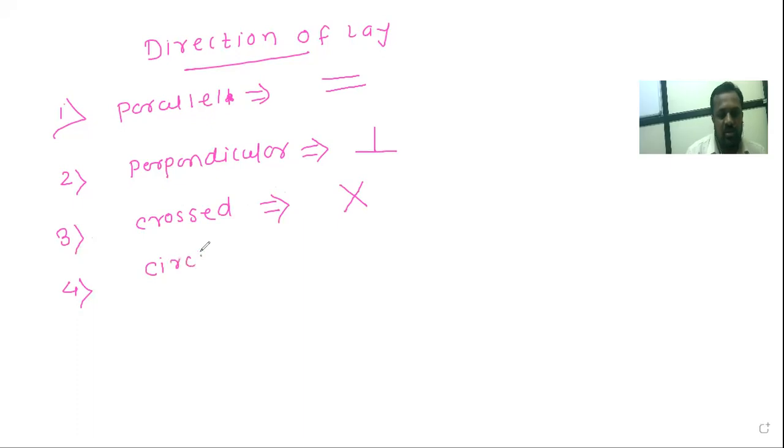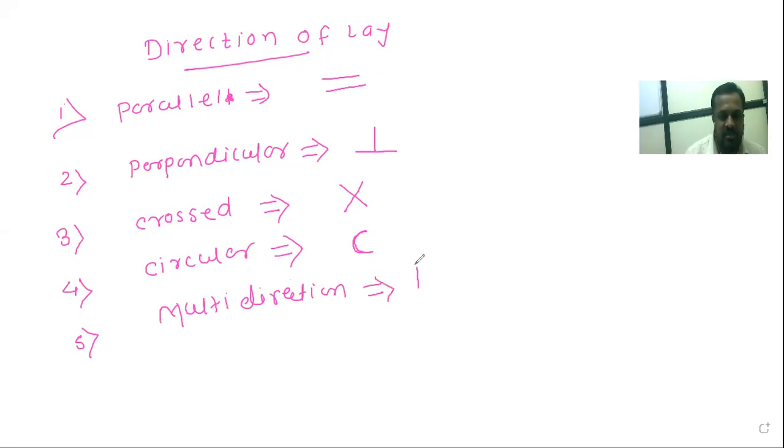circular. Okay. Then what is the symbol for the circular direction of lay? It will be the C letter. Okay. Then next, multi-directional. Then what is the symbol for the multi-directional?